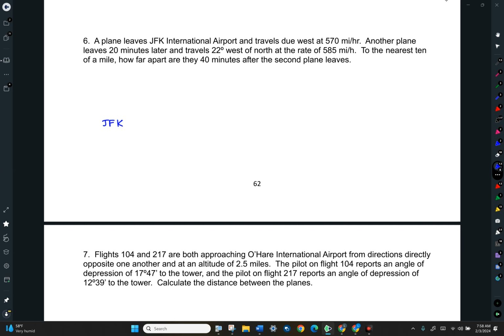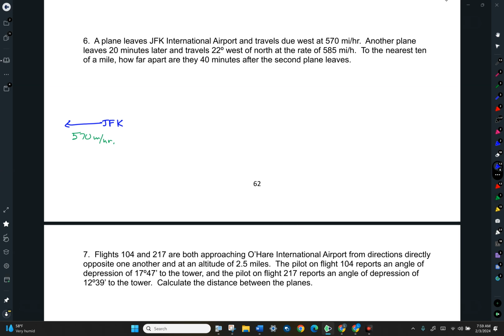If we're flying due west, that means we're going this direction, at 570 miles per hour. That doesn't mean that this side of this triangle is 570. It means we know how fast they're going. So I'm going to put this in green so we don't think it's the side. We know they're going 570 miles per hour.